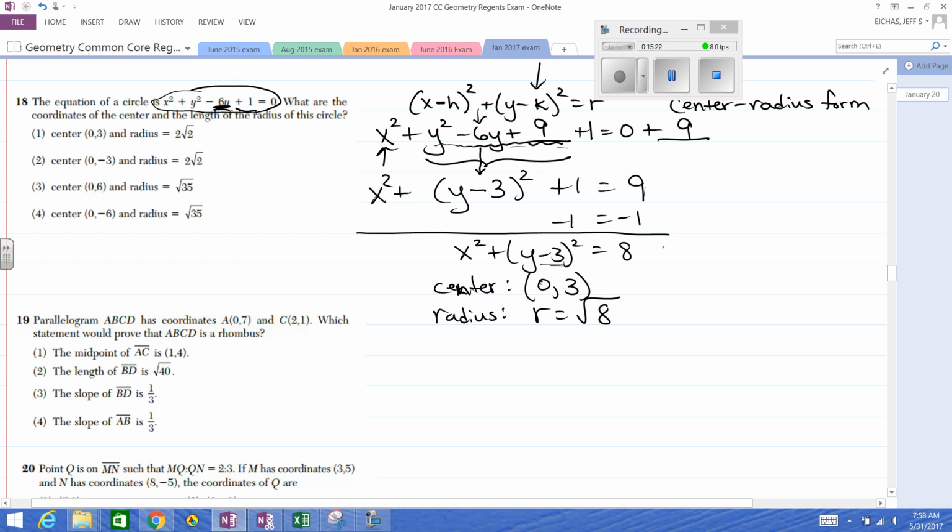Now, if we want to simplify square root of 8, break that down into its multiples. Square root of 4 is regular 2. So we've got a radius of 2 square roots of 2. Looks like we want choice 1.